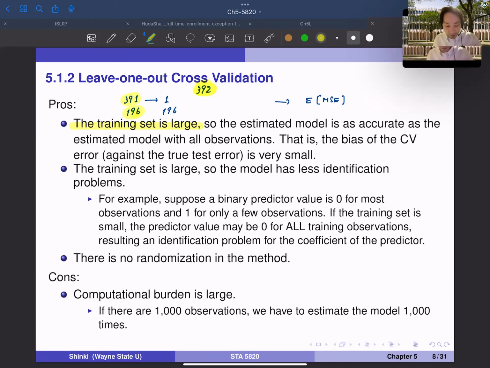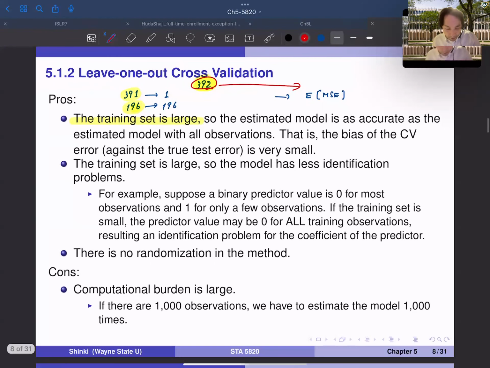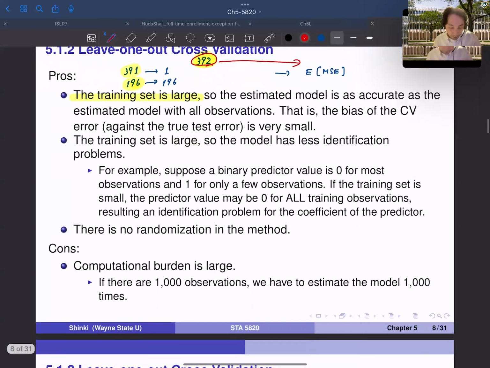So it is basically too difficult to predict. But leave one out cross-validation almost replicates the situation where we estimate the model with 392 observations and then get the expected size of MSE. Okay.